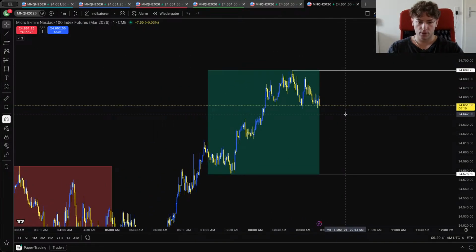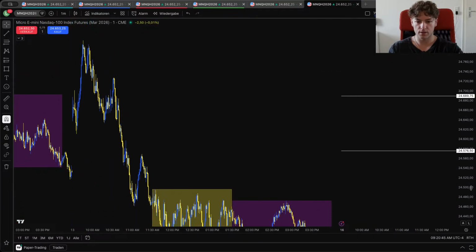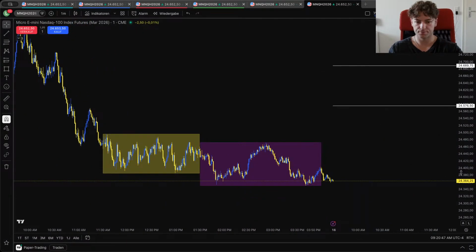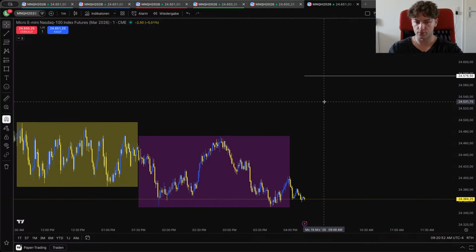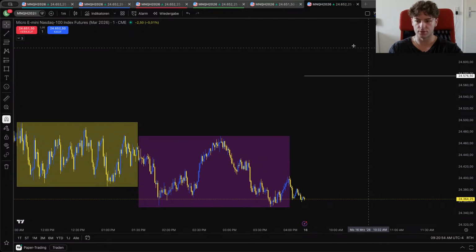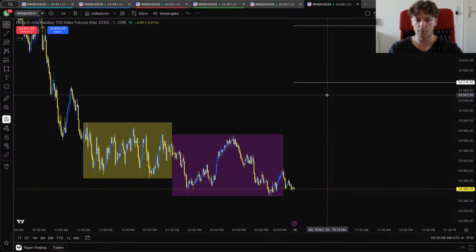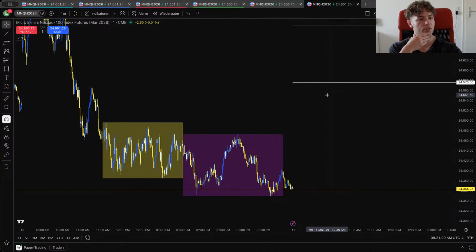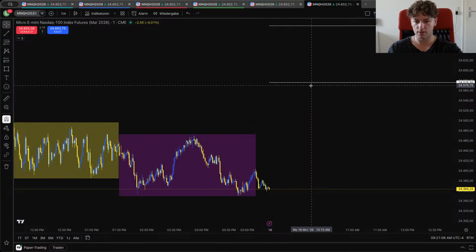And when we go to regular trading hours, we can see that on Friday we closed here, so we are going to open right around here. So we can expect a huge opening range gap, and you know the protocol: in the first 30 minutes of trading, the market is likely to trade down into the midpoint of the gap.